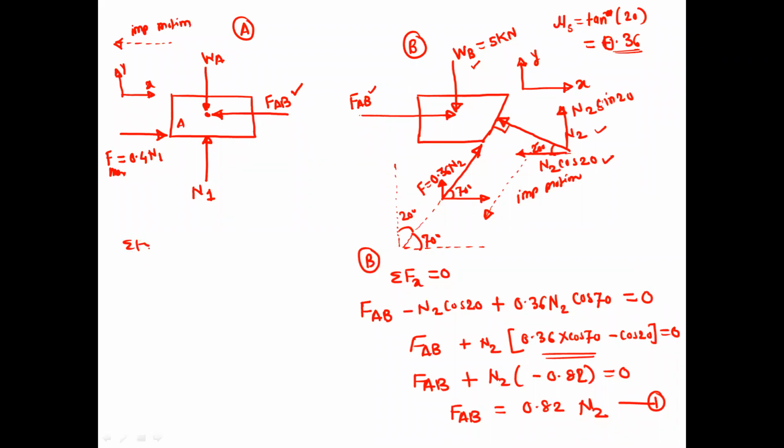Now take summation Fy equal to 0 for the same FBD. For summation Fy, WB is acting in the negative Y direction, so minus 5, then plus N2 sin 20 plus 0.36 N2 sin 70, equal to 0. From this, we will get the value of N2.